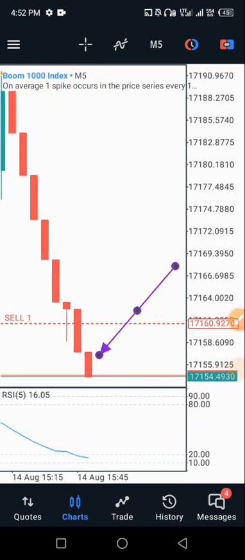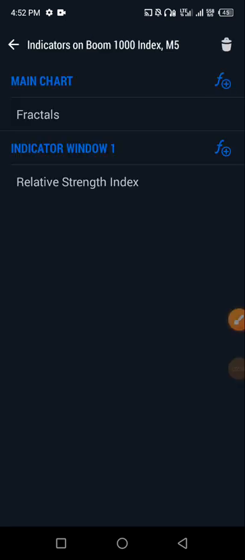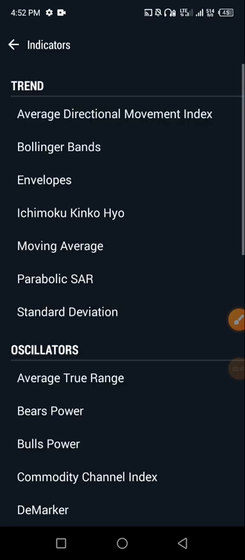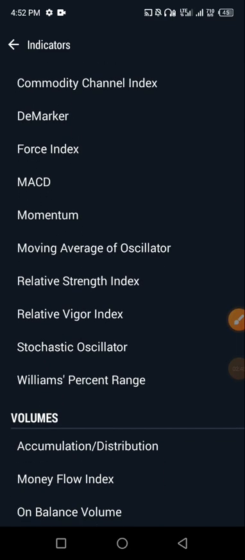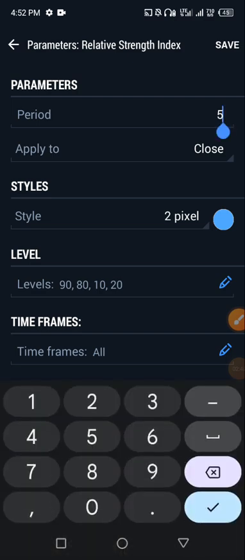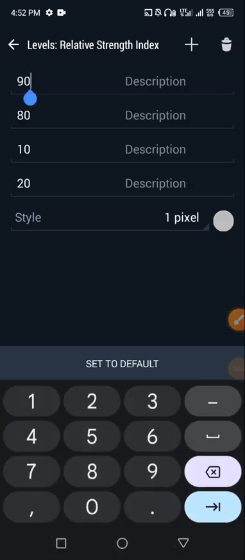And the next indicator we are going to add would be the Ichimoku. But before we add the Ichimoku, we have to add another RSI indicator here. Then we can set the period to 1. And then the levels will be set to 75, 25, and then we have the level 50.